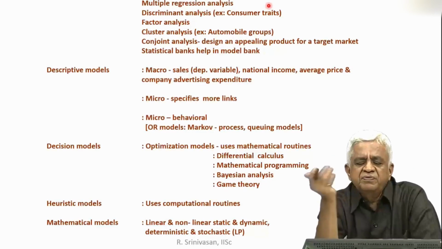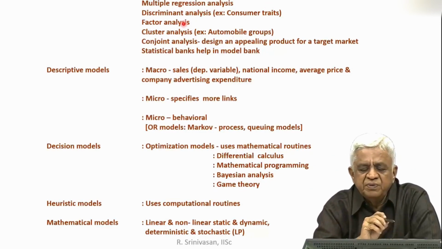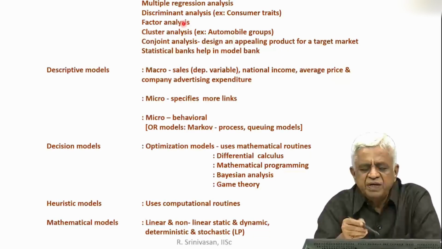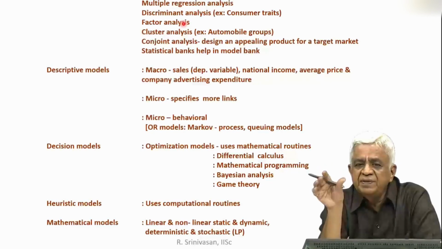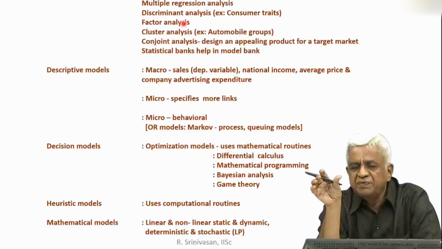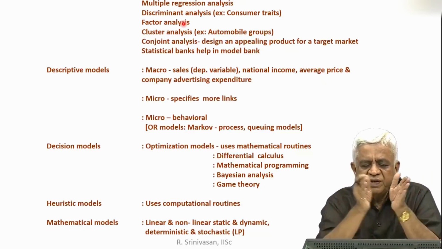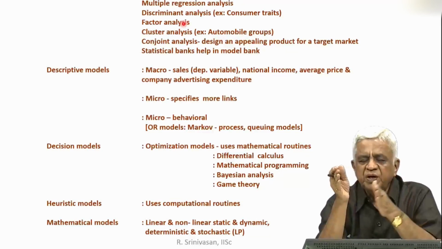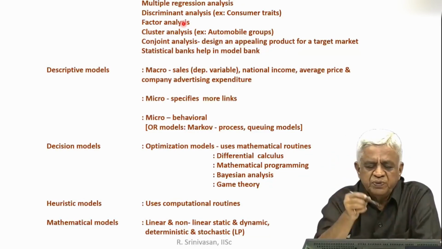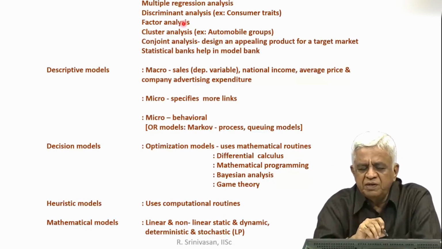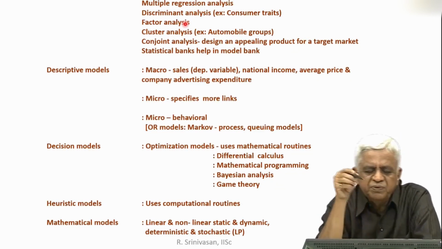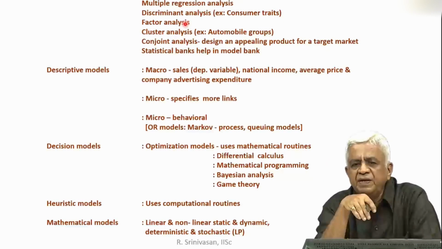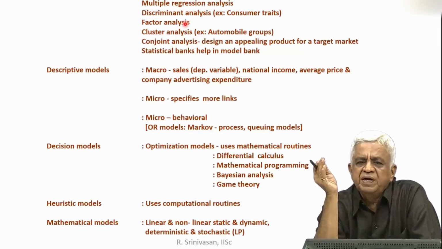When do you resort to factor analysis is the next question. You resort to factor analysis when the number of variables is more and you want to condense them to different factors. So you group these variables under different heads, maybe group 1, group 2, group 3, group 4. And using the same multiple regression analysis, you use a factor analysis. Instead of the independent variables, you make use of the factors to explain the variation in the dependent variable.